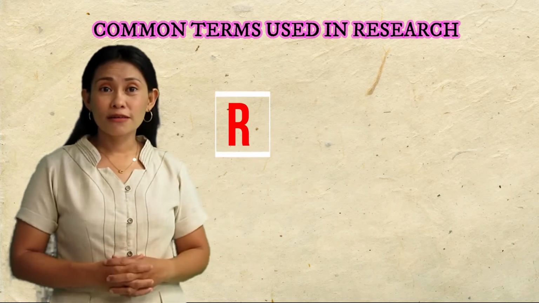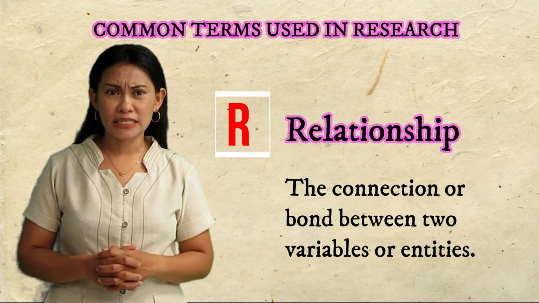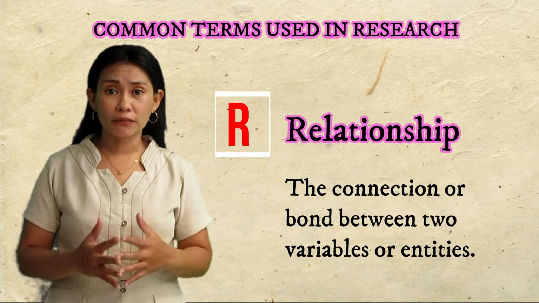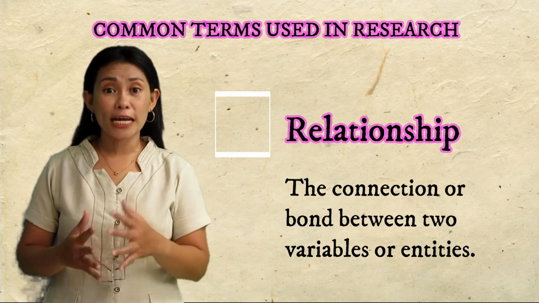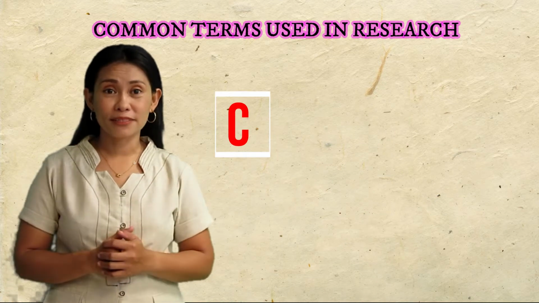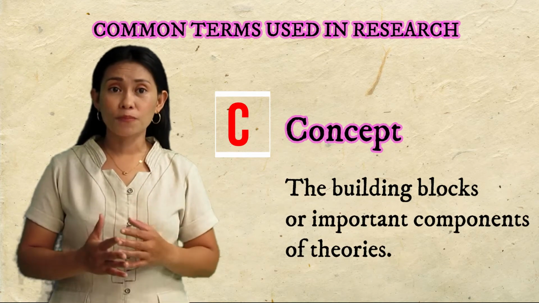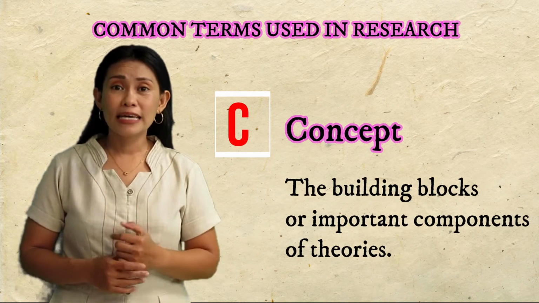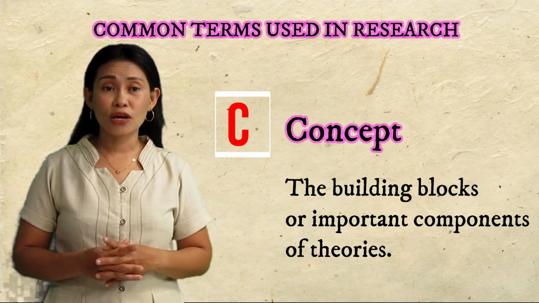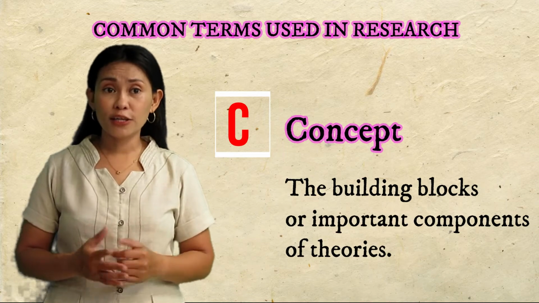R for relationship. This word in research means the connection or bond between two variables or entities. And C for concept. Concept is the building blocks or important components of theories. In scientific research, concepts are the abstract ideas or phenomena that are being studied.